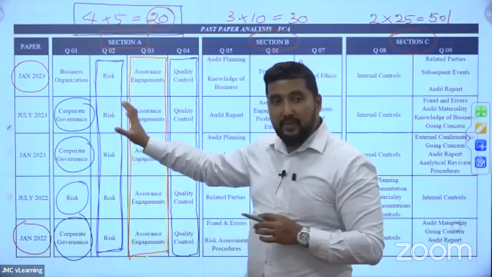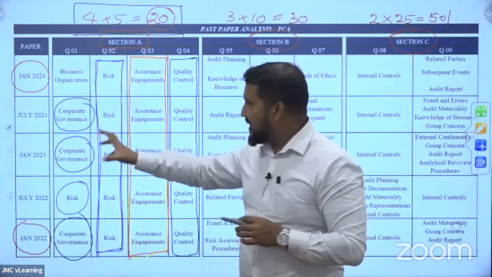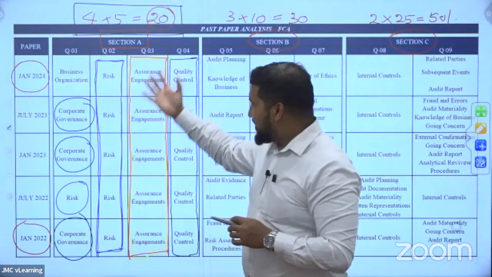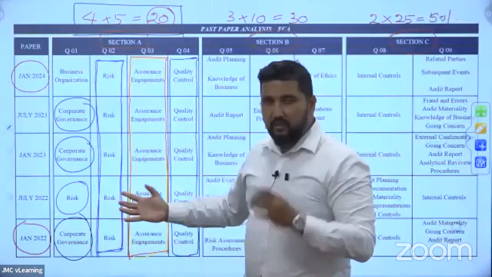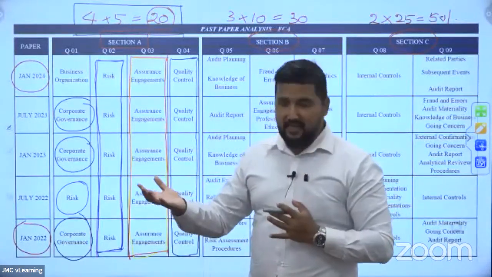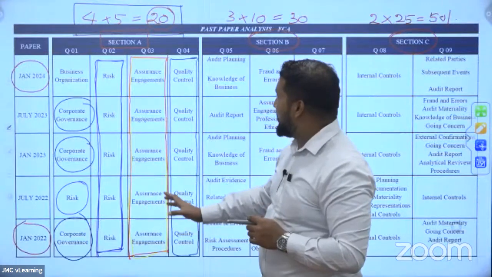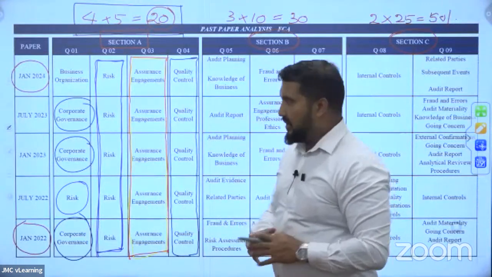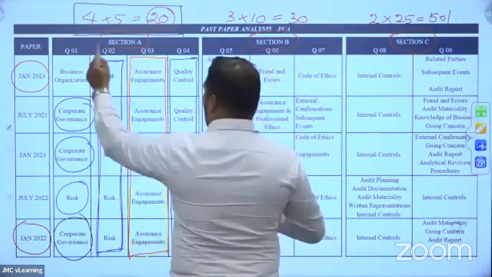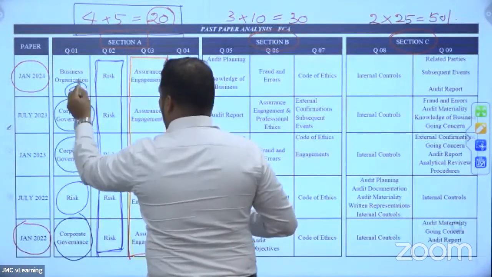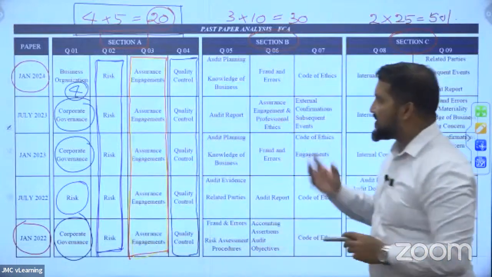Number 1 is corporate governance; I assume a question will come for this paper as well. Then the risk management framework, including internal and external risk analysis. Then assurance engagement, sahathika veeme sewawan. Then quality control. Those are the main 4 areas where your attention needs to be devoted when analyzing section A.